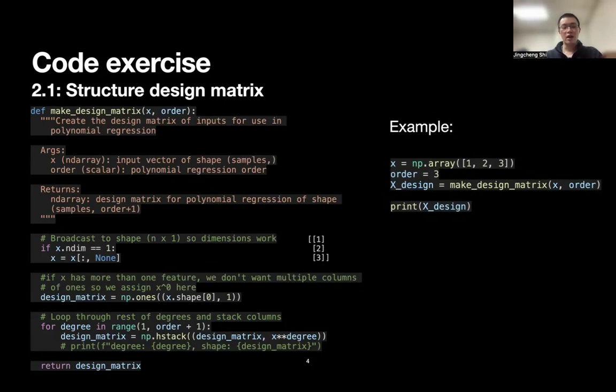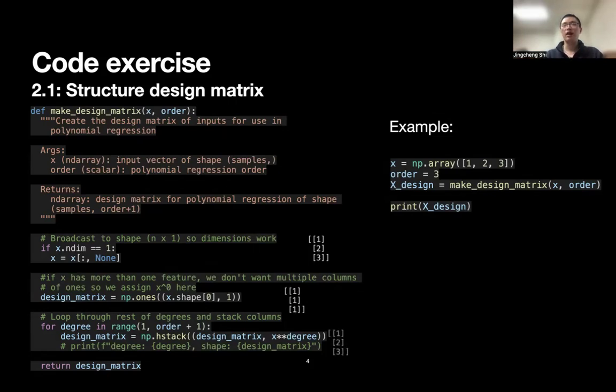In the second step, we calculate the first column of the design matrix, which is the power of 0 for the different x values, so it's just 1. Here the shape along the first dimension is just the number of values in our x vector, which is 3. So what we get in the first step is just 1, 1, 1, one for each row. Then we call a for loop to calculate the different columns in this design matrix.